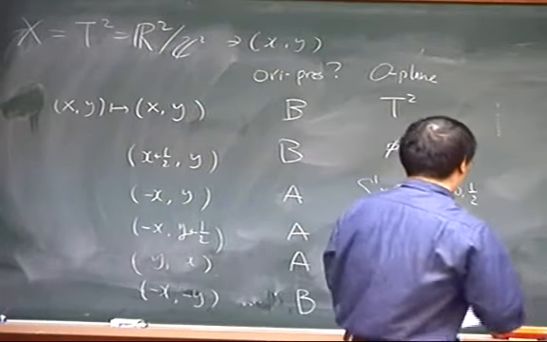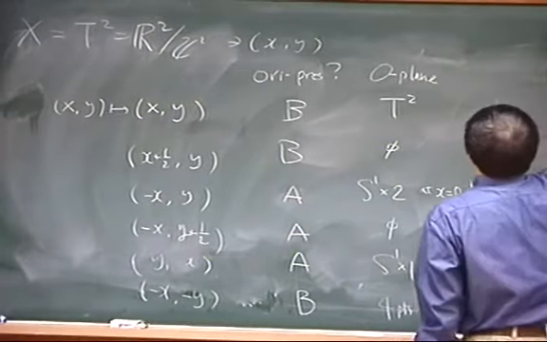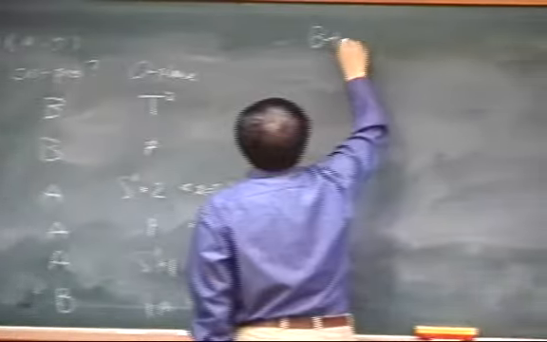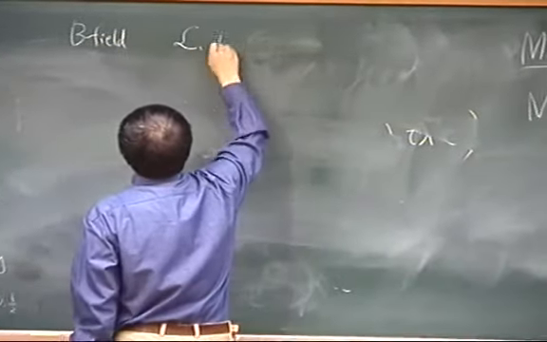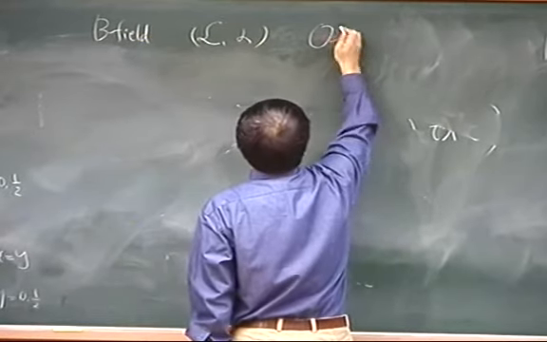Now the B field, I will have trouble writing. So I'm just writing down these possibilities, all plane types.